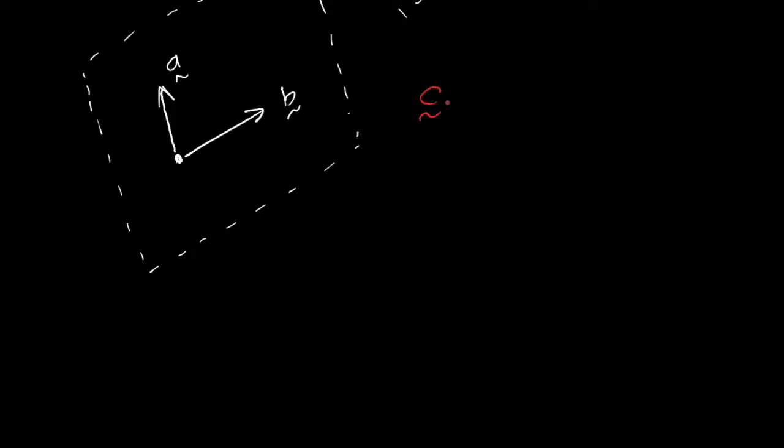If I say vector C is defined as B cross A, then this is what vector C would look like, where the angle between C and B is 90, and between A and C is also 90.